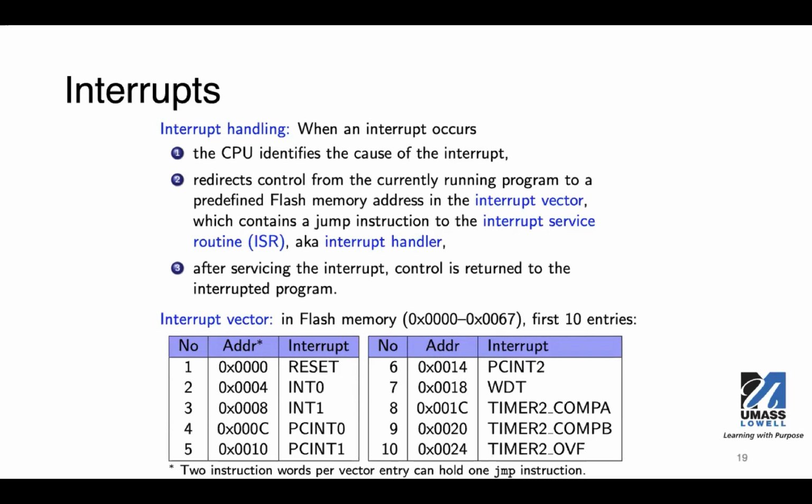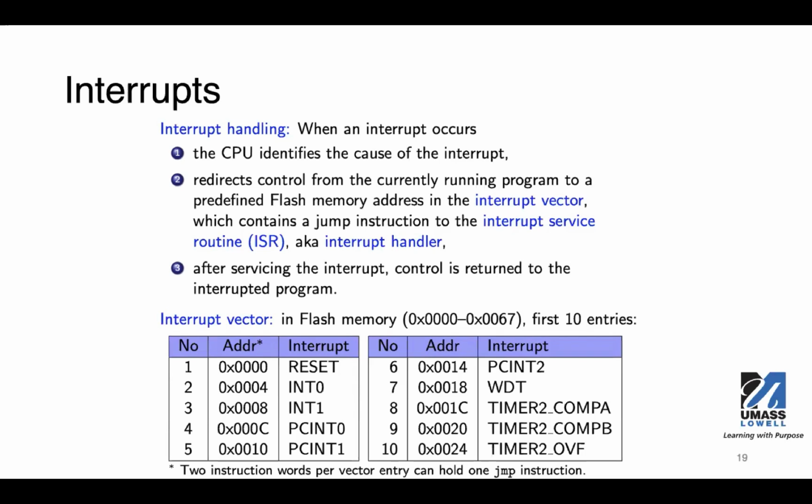So what that means is, if you look at the table on the slide, this is for the AVR processor. We have an interrupt vector table. In this table, there are interrupt numbers, numbered from 1, 2, 3, up to 10. And the addresses corresponding to these interrupt numbers are all set.